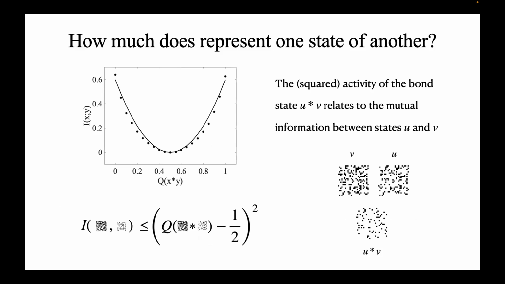So now you have, for me, a very surprising connection between binding two binary states together, looking at the activity, and the mutual information between these two states on the other.